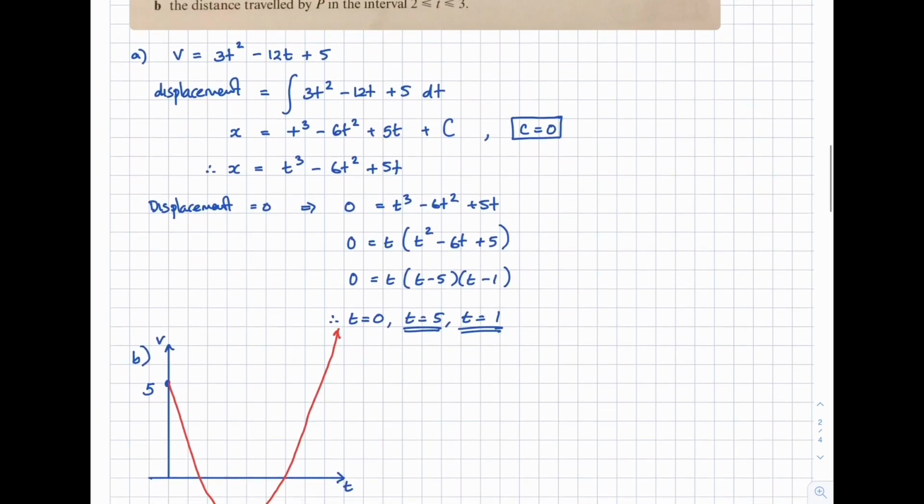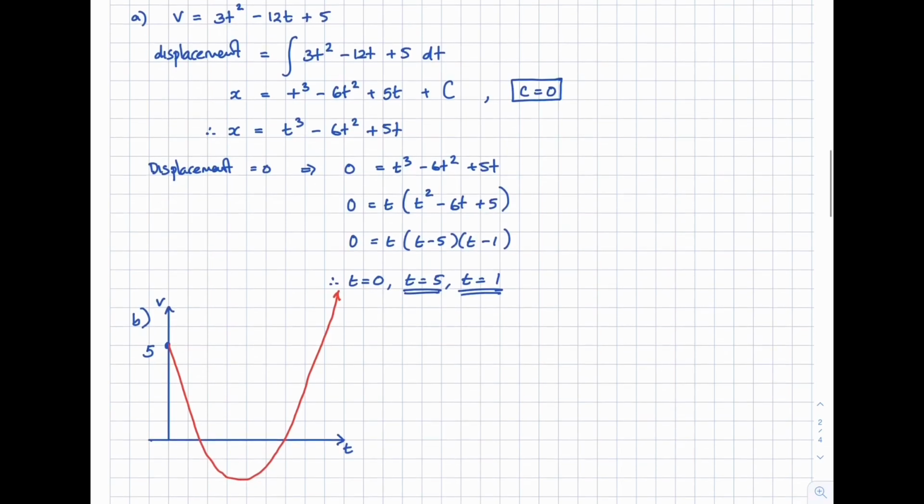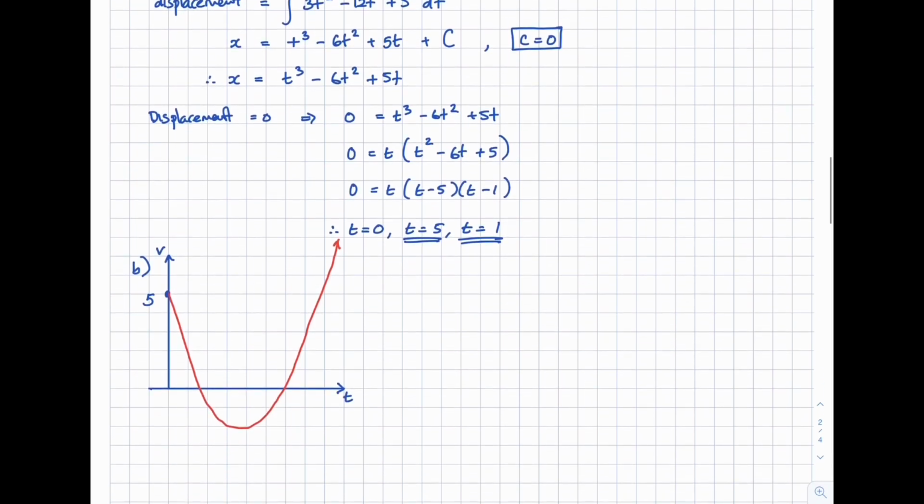Now if you do calculate what those roots are using your calculator, I think I've got 3.52. So 2 to 3 seconds would be somewhere here. So let's just mark that in. Okay. So this is basically the region that we're trying to calculate. So this is when t is equal to 2, and this is when t is equal to 3.